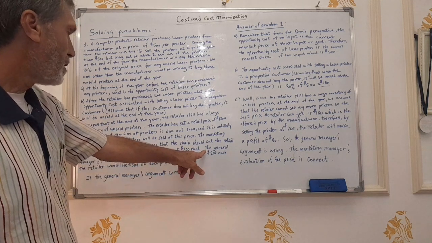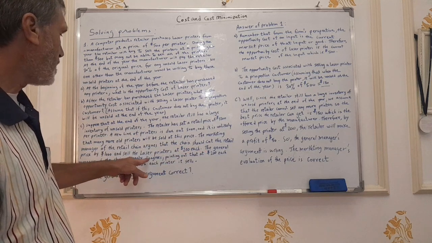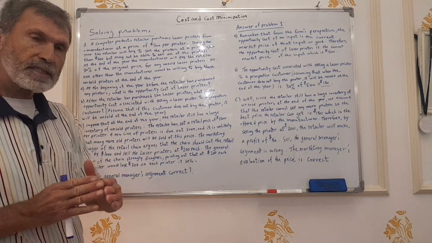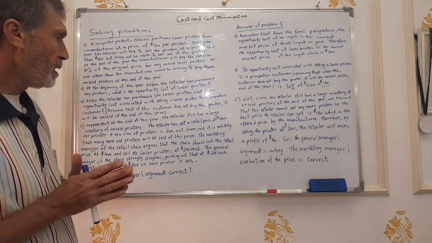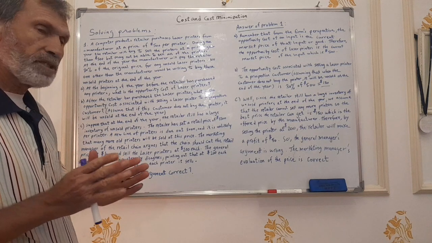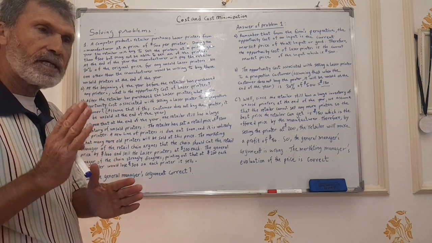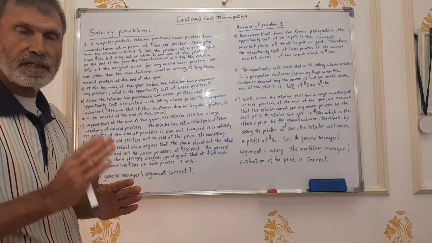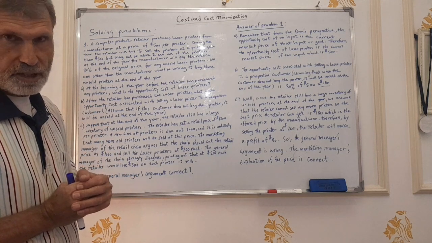The general manager of the chain strongly disagrees. He does not like the idea of the marketing manager, who is suggesting that the firm sell the laser printer for $200 each.